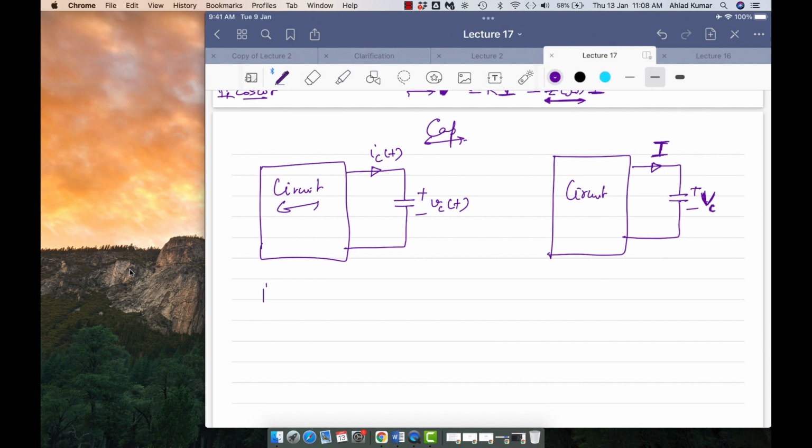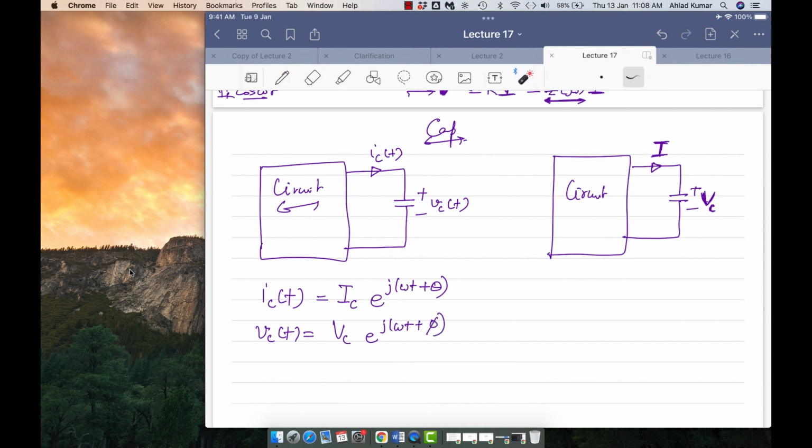If I write i_C(t), which is on the left side for this particular diagram, it can be represented as I_C e^{j(omega t + theta)}, let us say. Then v_C(t) is V_C e^{j(omega t + phi)}.